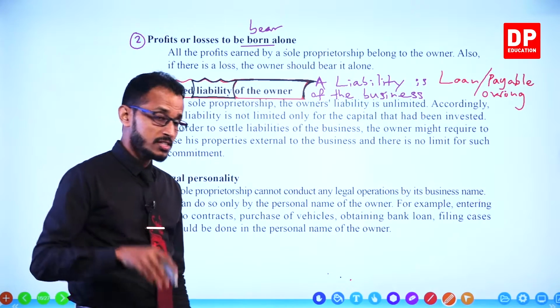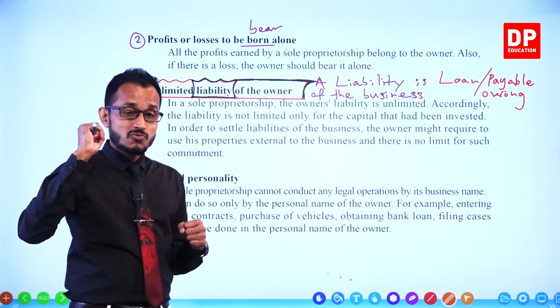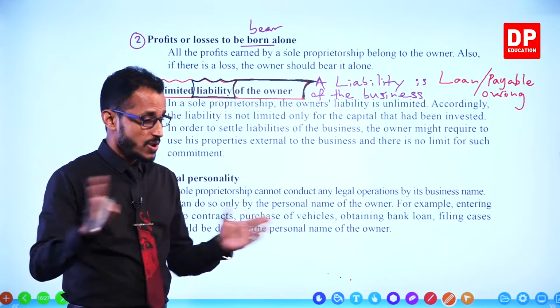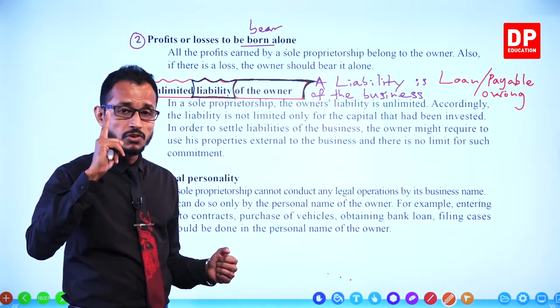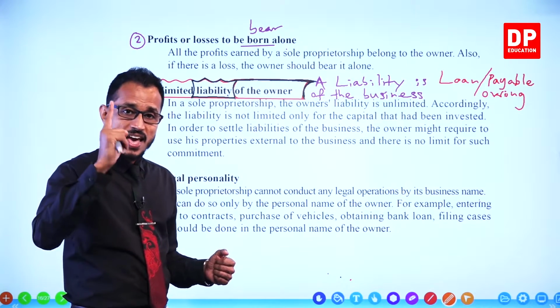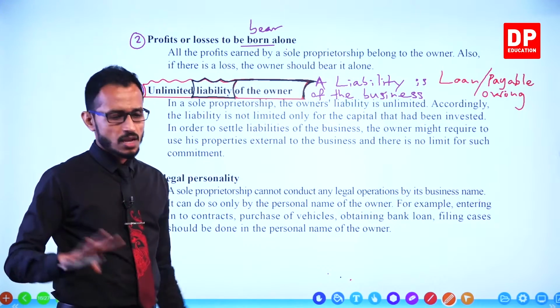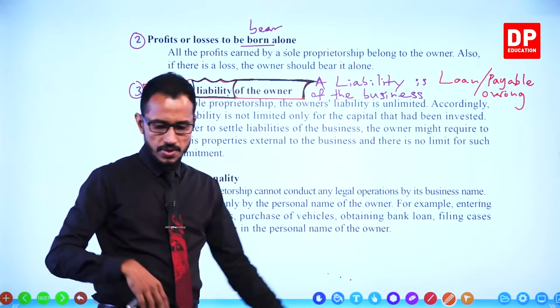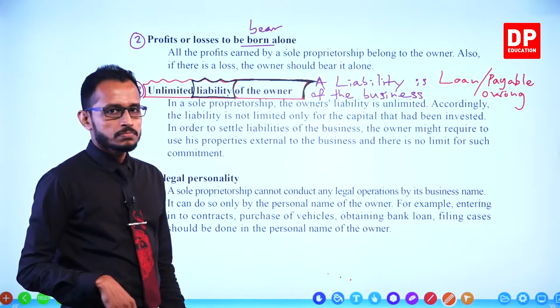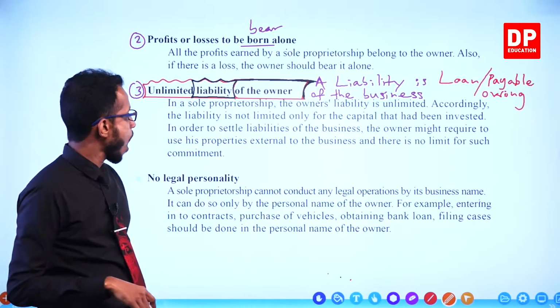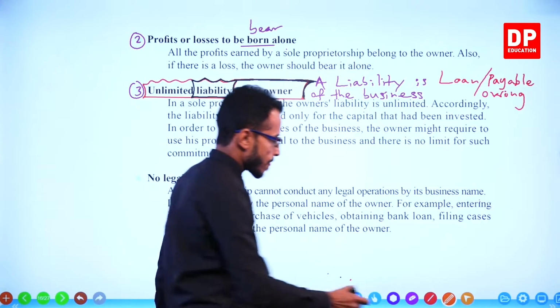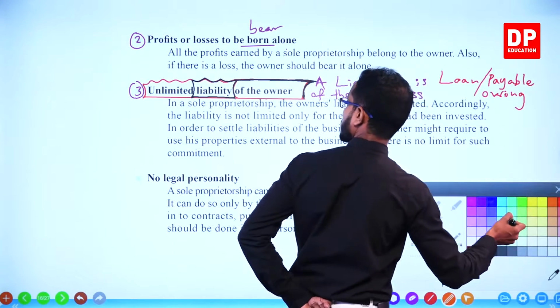I hope you got this, children. It's vital. It's very important. Most of the past papers have this question, maybe in the MCQ paper, maybe in the second paper. Okay? So that's that.